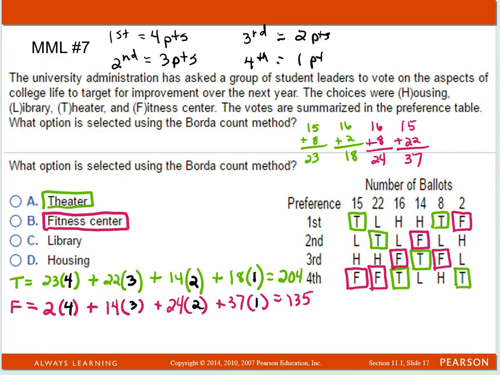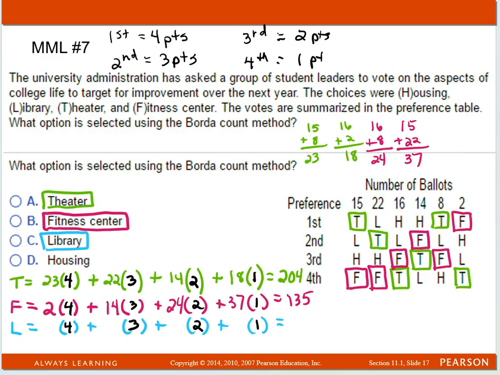All right, so now I'm going to grab a different color. I'm going to go with blue this time. Now we're looking for library. That is an L. Again, to save myself a little bit of time, I'm just going to put in all the plus signs and the parentheses that have the point values for first place, second place, third place, and fourth place. Now I go to the table. What are we looking for?